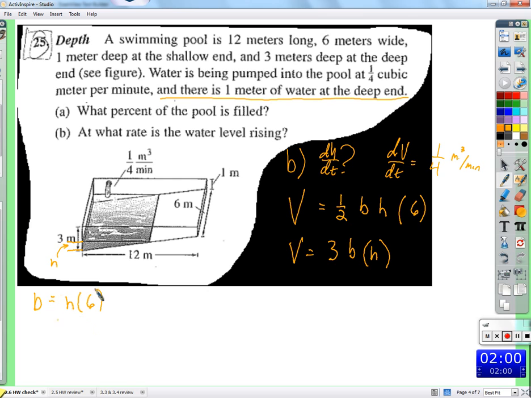So that's true. So we could replace b with 6h. Now that right there, all the non-calculus stuff, is the hardest part of related rates. Did all that make sense?